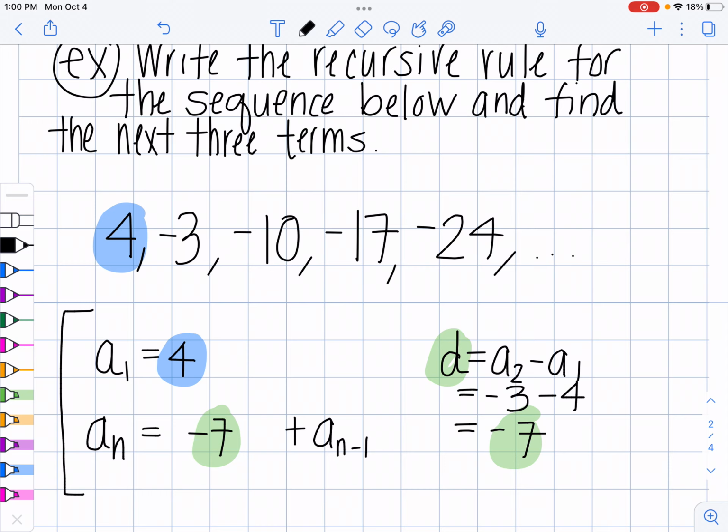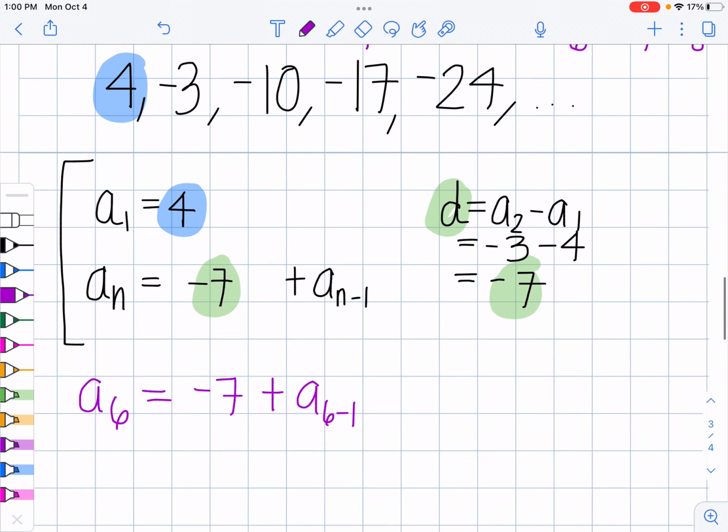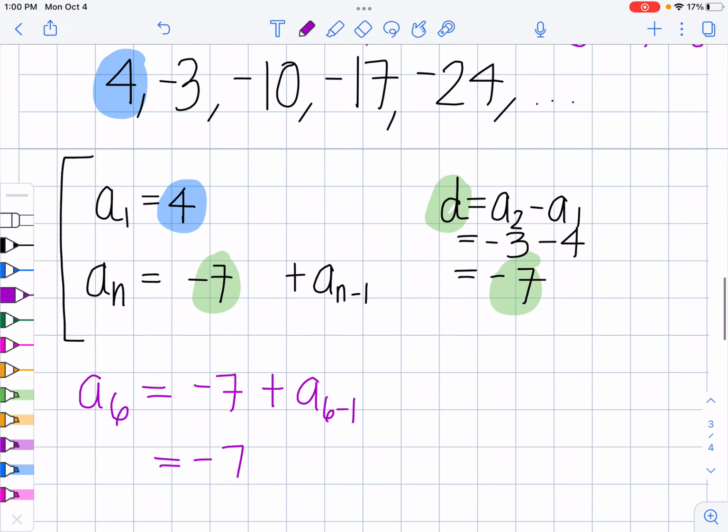All right, so now it asks me to find the next 3 terms. So what term numbers do I have? This is my first, second, third, fourth, fifth. So I need to find terms 6, 7, and 8. So to find my 6th term, I have to do -7 plus a to the 6 minus 1, or -7 plus my 5th term.